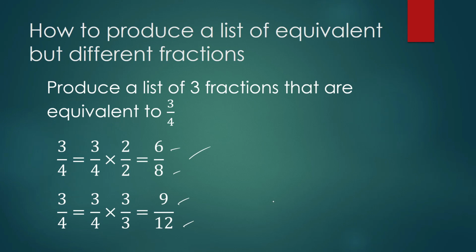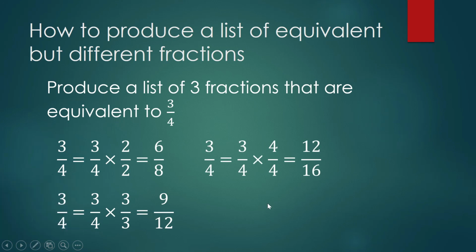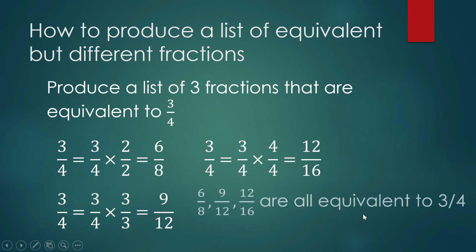So 9 over 12 is equivalent to 3/4. And we can also multiply by 4 over 4. And so these 3 fractions, 6 over 8, 9 over 12, 12 over 16, they differ only in appearance, but they are all equivalent to 3/4.